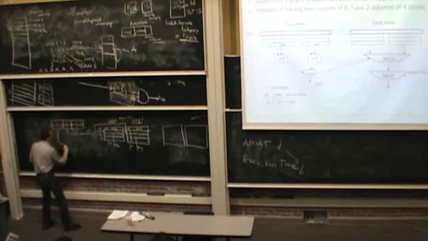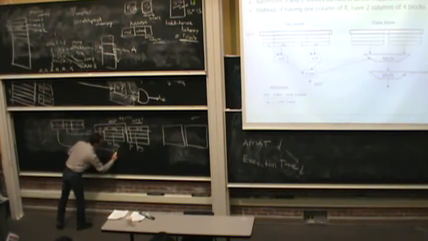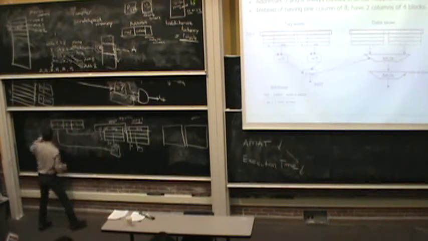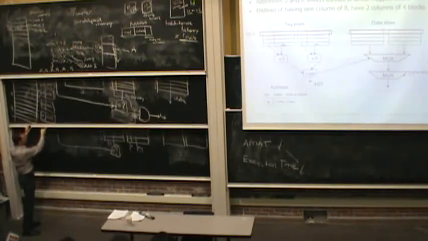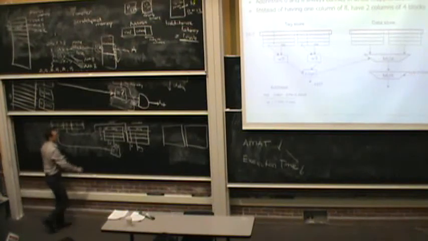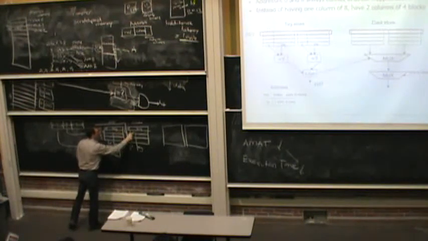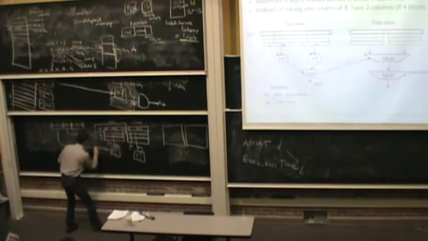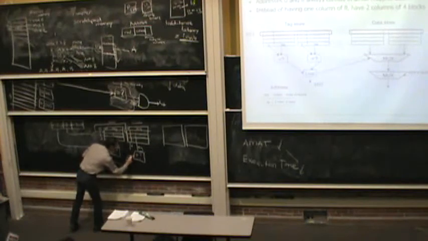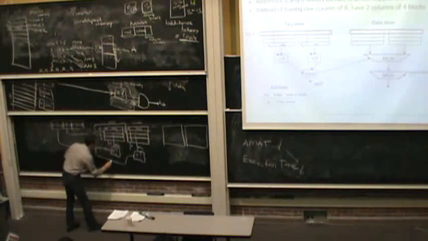And we need to compare the tag to both of these, because now the locations that share an index in memory can go to 2 places, right? In the same set. Now your hit logic becomes more complicated.